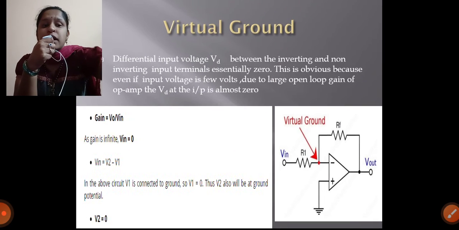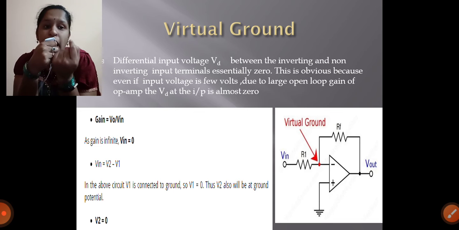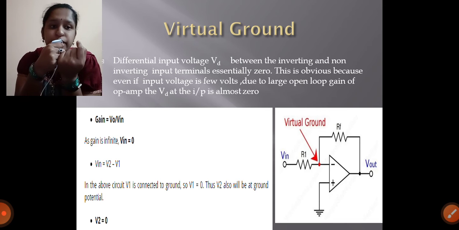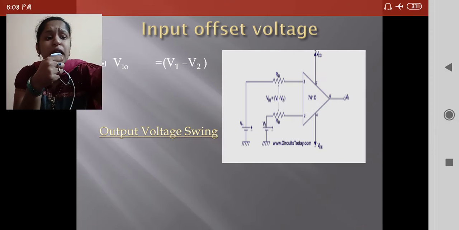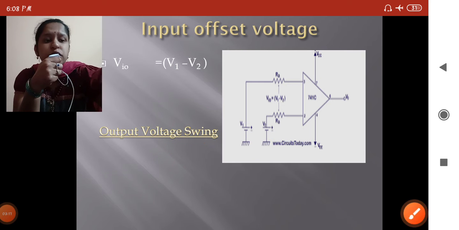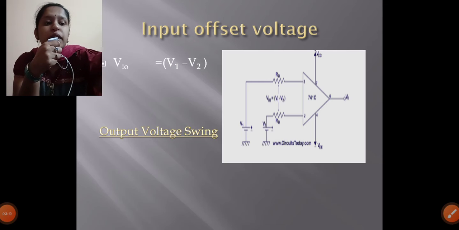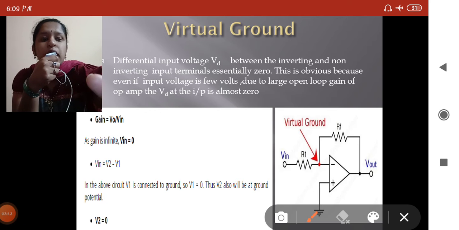This is very important in an operational amplifier, right? I want to show it in another way also. Just a minute. Okay. This is a circuit for that one.